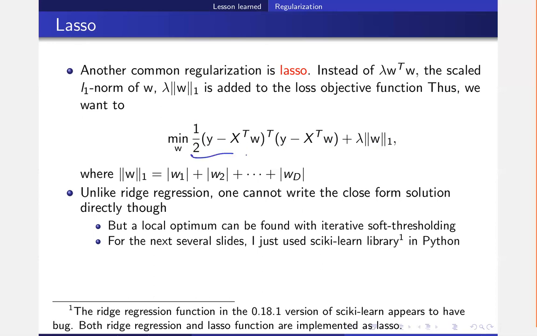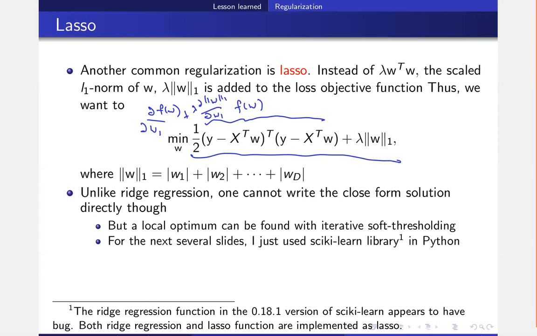For example, if I consider the entire loss here and compute the partial derivative with respect to the first parameter, W1, then this part can be easily computed. Let me, for simplicity, call this F(W). If I take the partial derivative with respect to W1, I have partial F(W) over partial W1, and also partial of lambda times absolute value of W1 over partial W1. Oh sorry, this is the first norm.